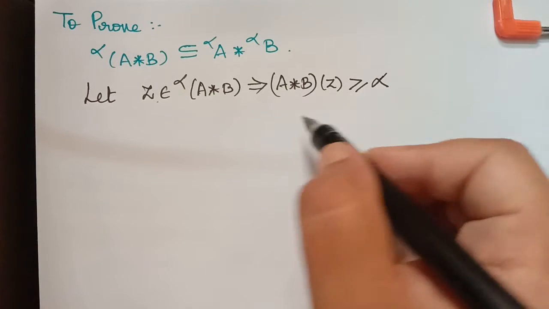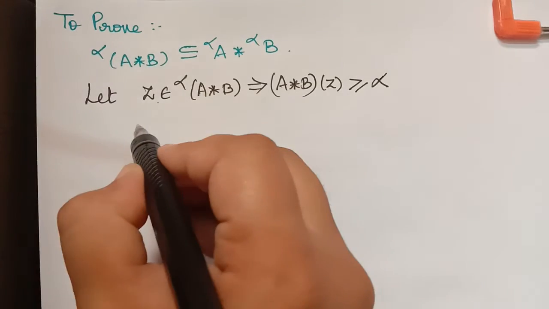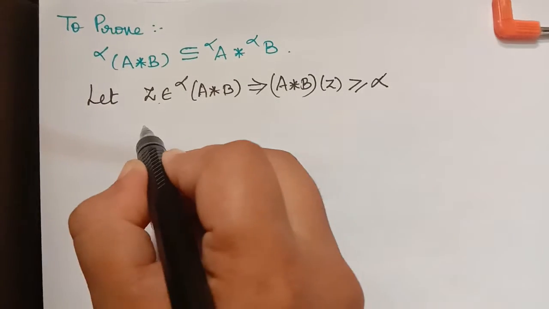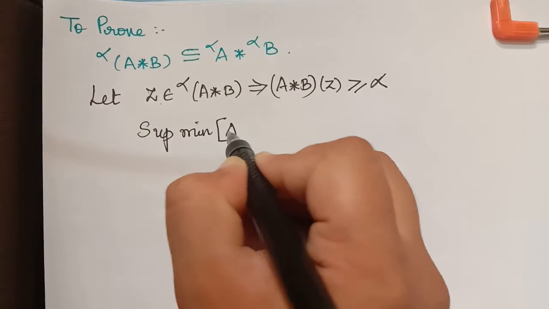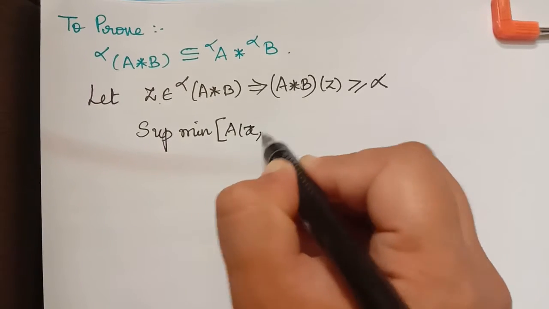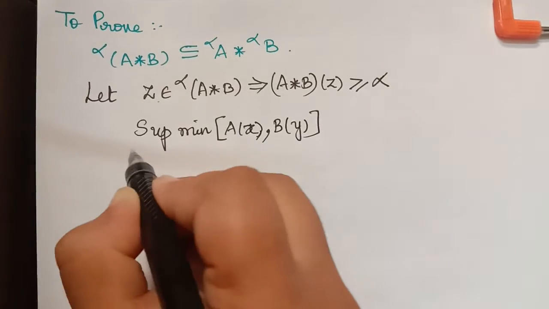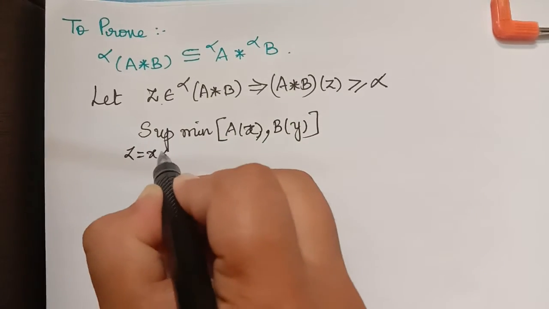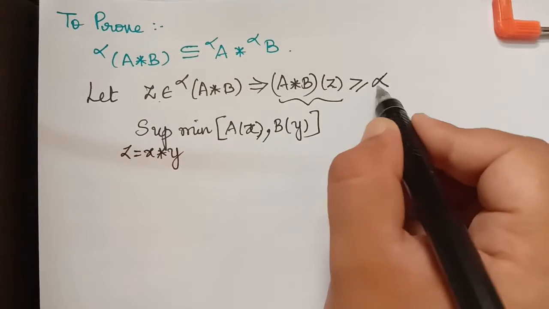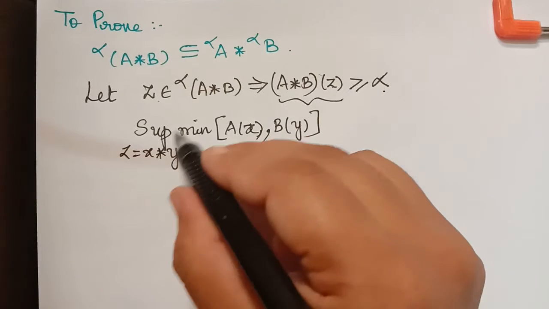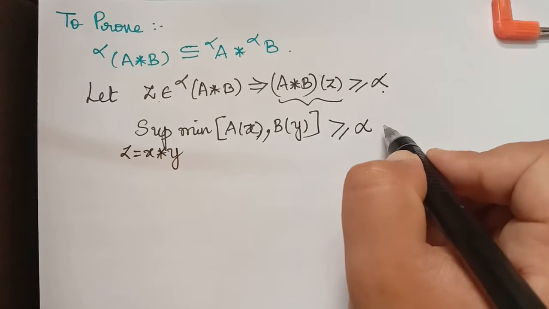Now after this, we have already defined A star B of Z. So we get the supremum of the minimum of A of X, comma B of Y, where Z is equal to X star Y, and this is greater than or equal to alpha.